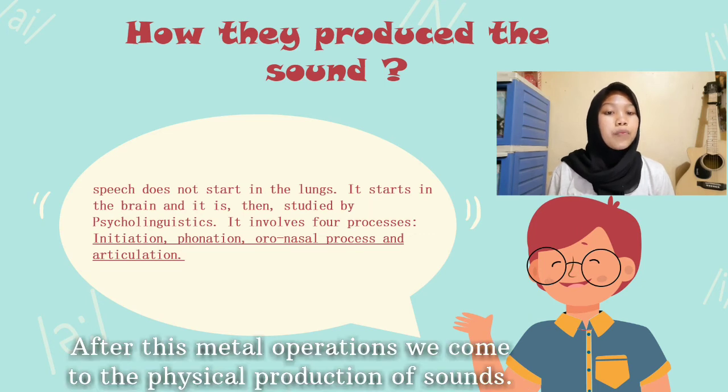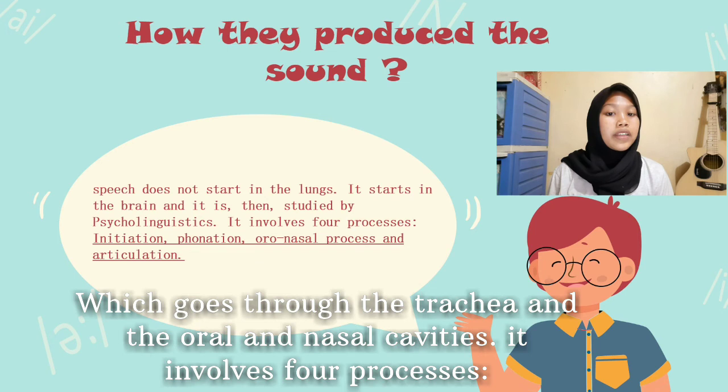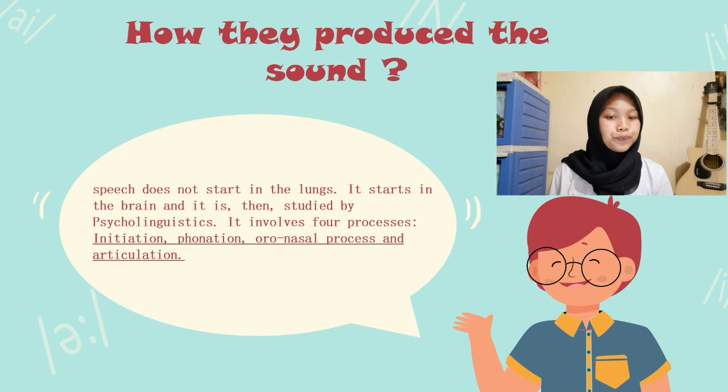After this mental operation, we come to the physical production of sounds. Speech is produced by an airstream from the lungs, which goes through the trachea and the oral and nasal cavities. It involves four processes: initiation, phonation, oronasal process, and articulation.